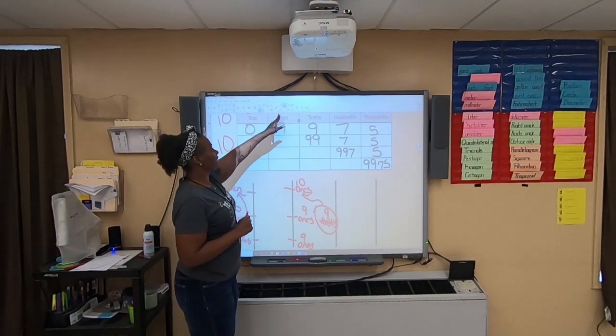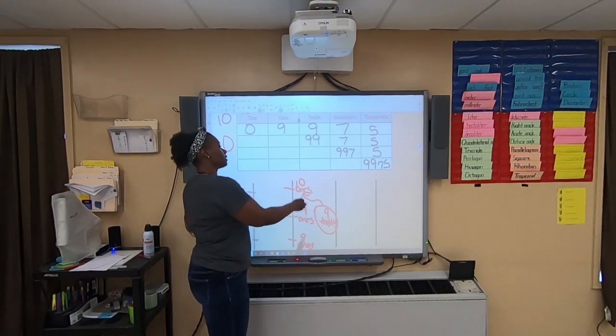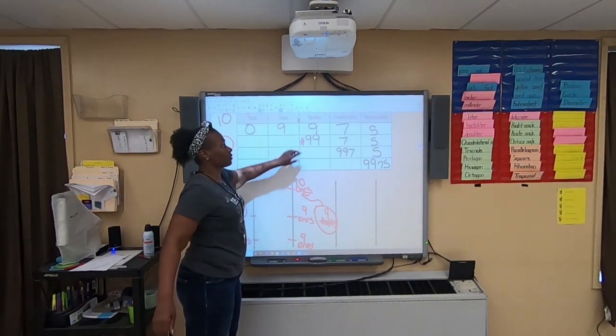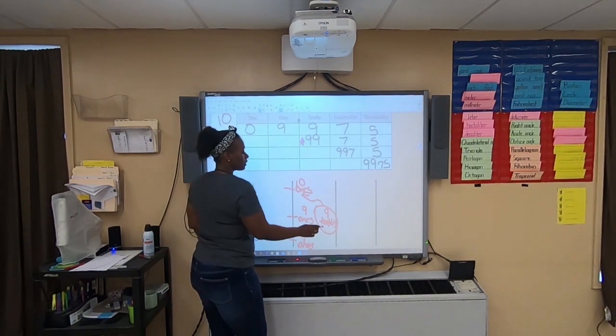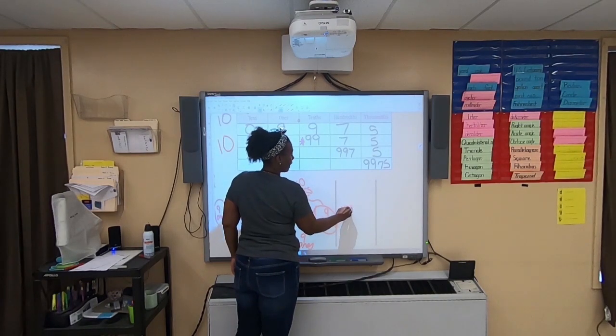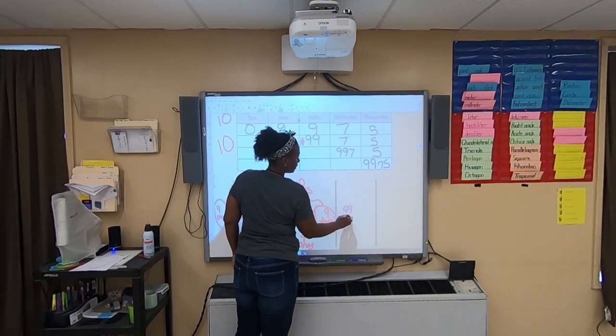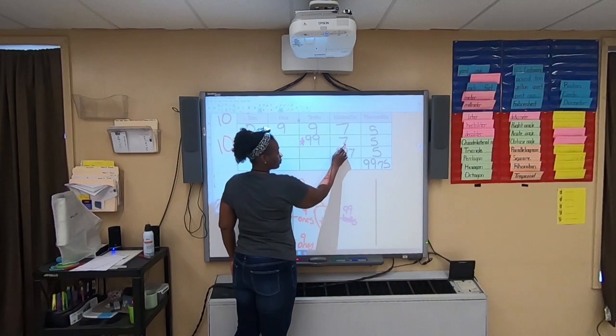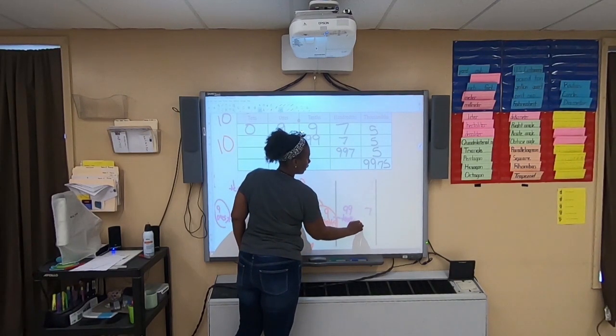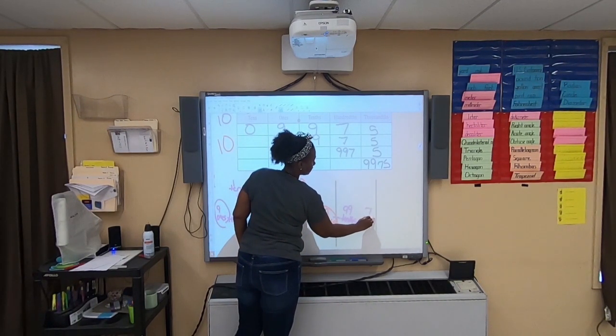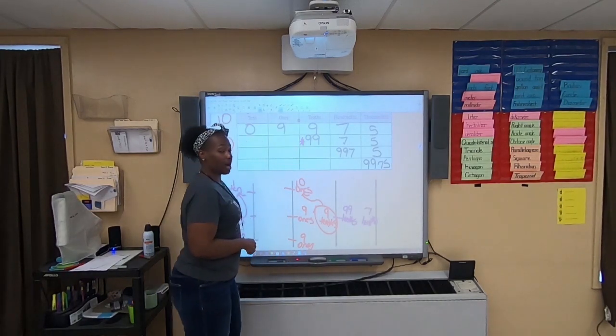Now moving to the tenths place. Of course, I'm going to start right here because I'm rounding to the tenths place. So in that middle, I need 99 tenths. And I need that extra 7 hundredths. Okay, now for my options.